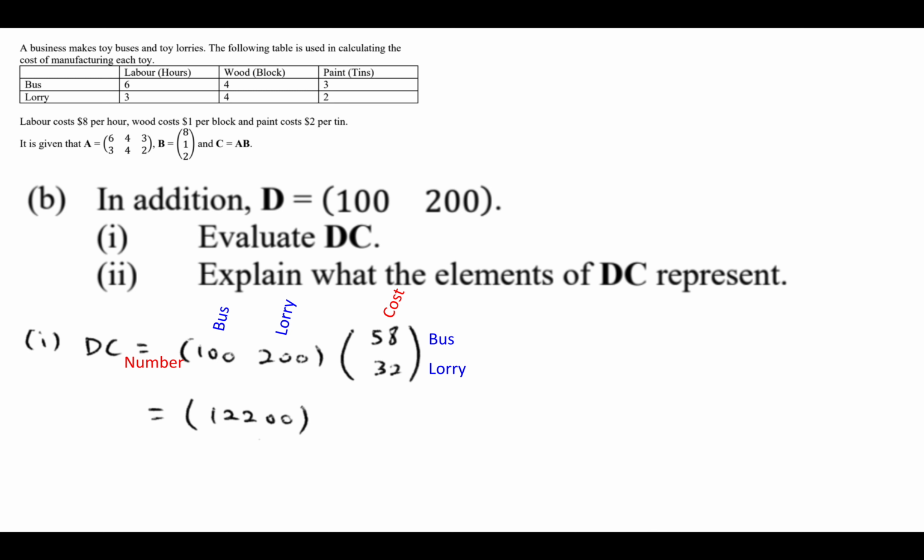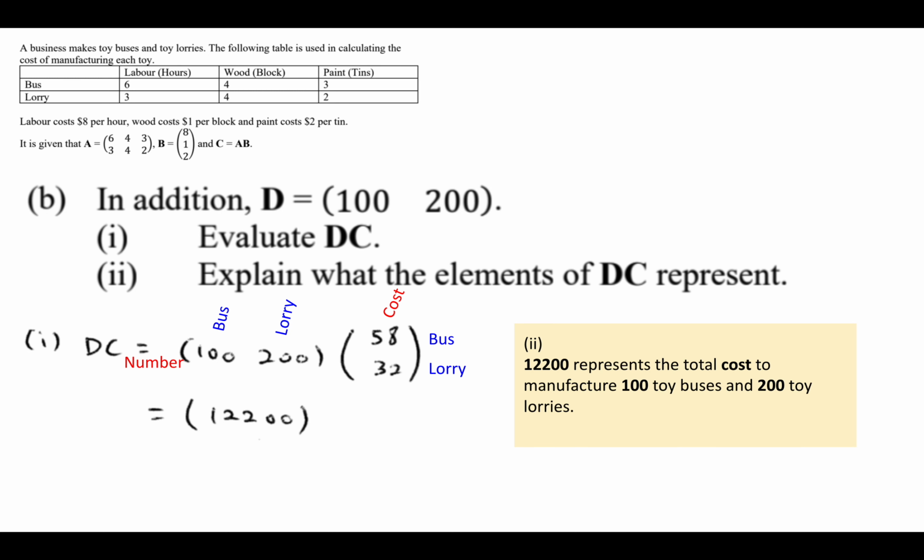So the result will simply be the total cost of manufacturing 100 toy buses and 200 toy lorries. And that is how we can solve word problems that involve matrices.